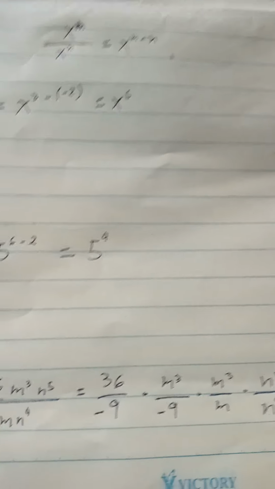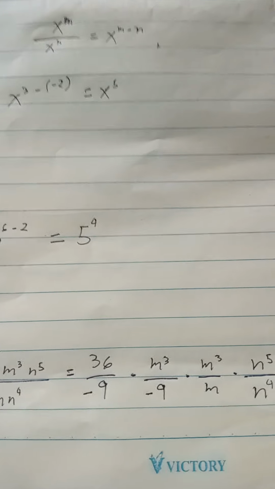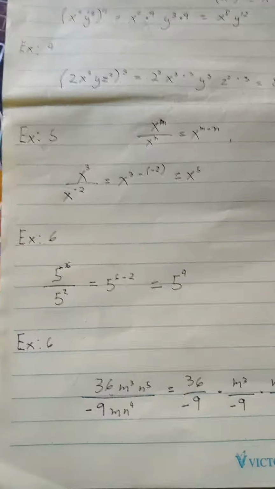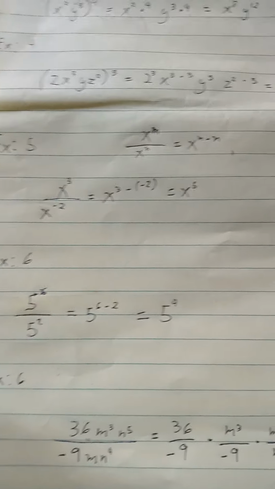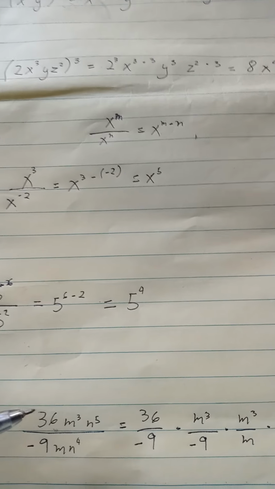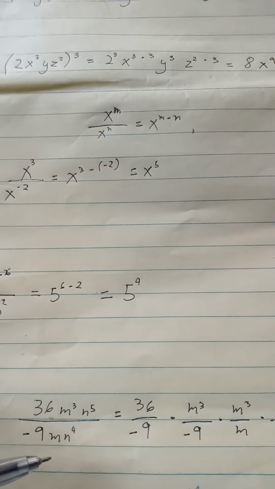First, we sort out the values, turning it into 36 and negative 9, multiplied by m to the power of 3 and m, multiplied by n to the power of 5 and n to the power of 4.